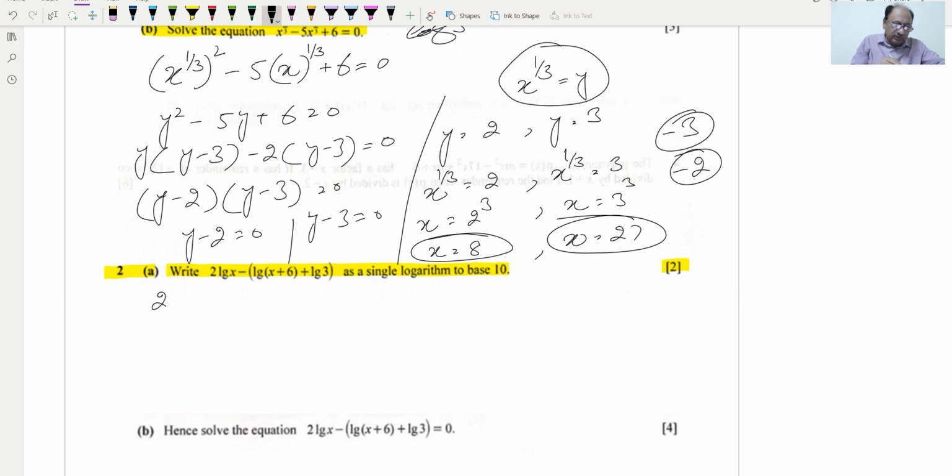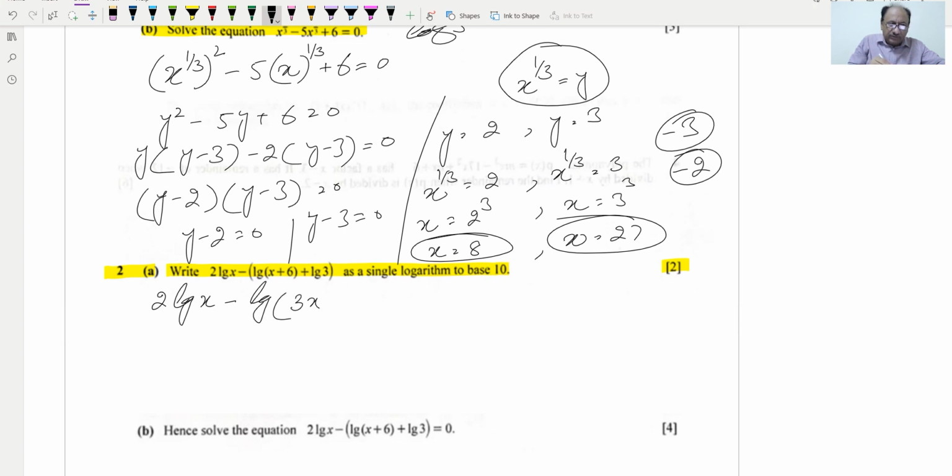We can rewrite it as 2 log x minus log of (x plus 6) into 3. The formula we will be applying is log of ab is equal to log of a plus log of b.